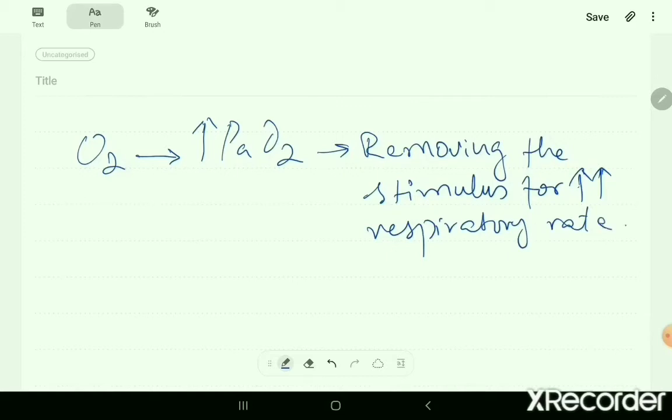So when we remove the stimulus for the increasing respiratory rate, what happens? The respiratory rate drops.